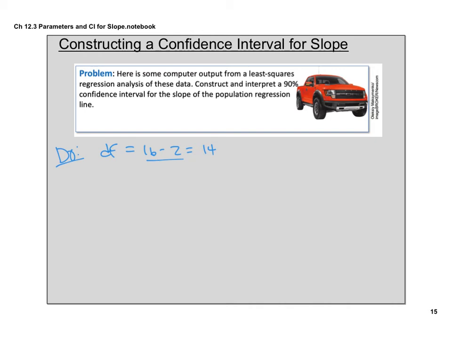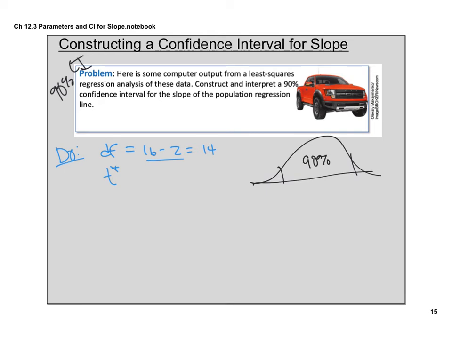Okay, let's talk about T star for a second. This is going to be a blast from the past for you. So T star comes from, if you want a 90% confidence interval, this is 90%, right? So if I think about a normal curve, I want 90% to be my interval.